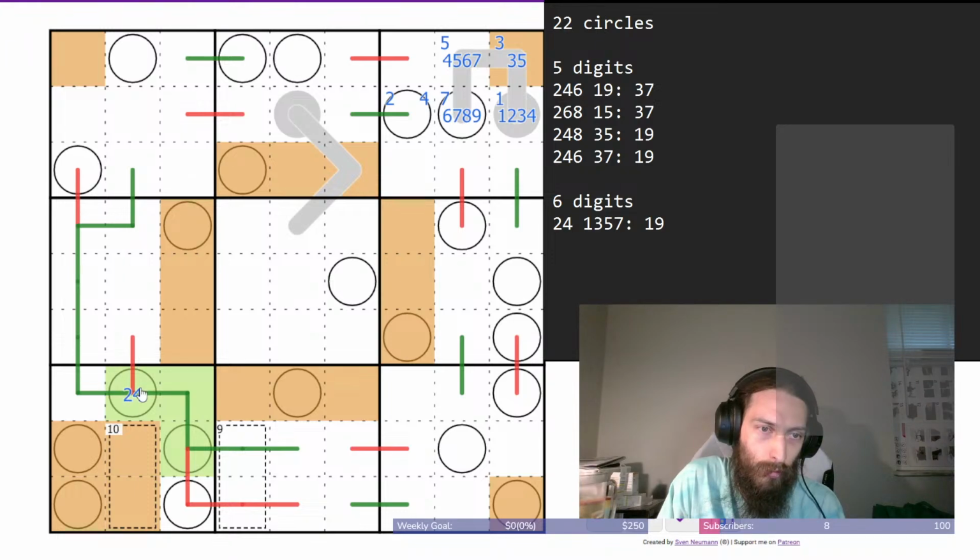Now red is 2 evens, but I also know that red is 3 evens. So this red can't come down, because if it did, I'd have 5 evens in this column. So this has to go left. And I've got 2 here.